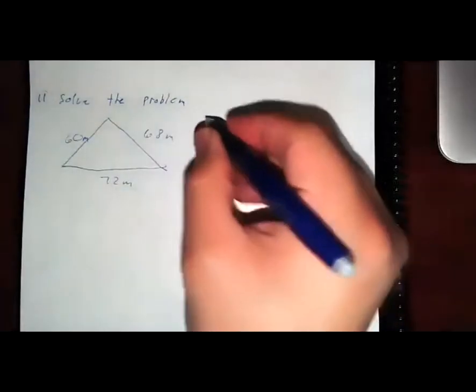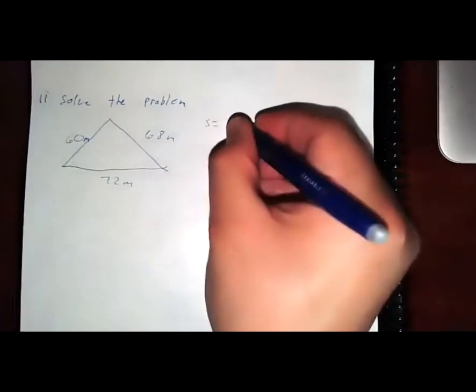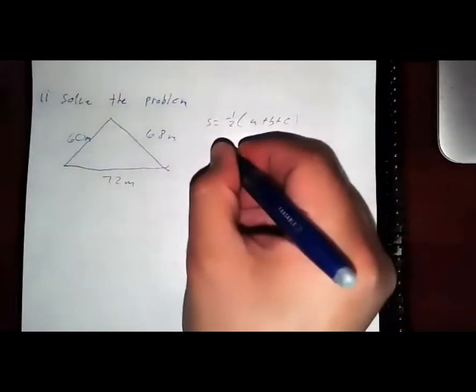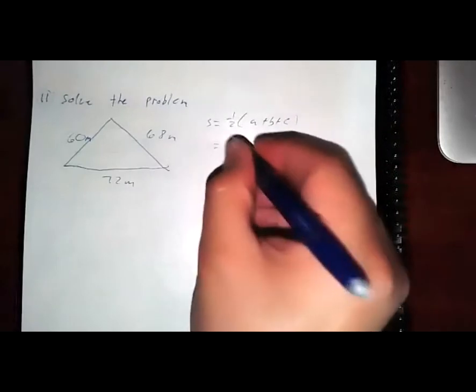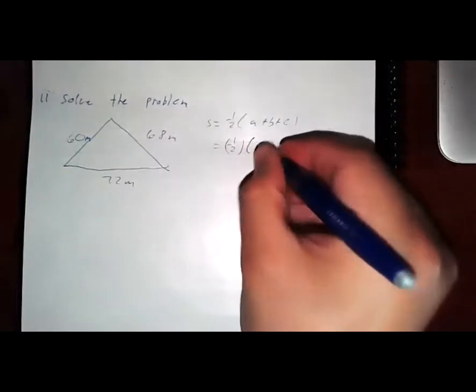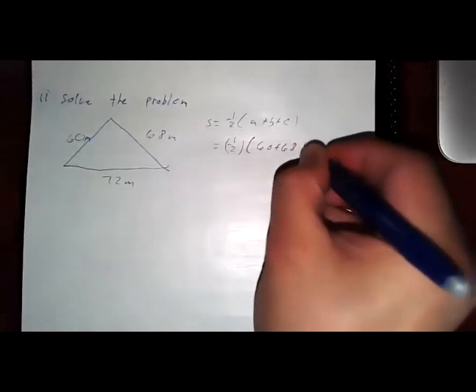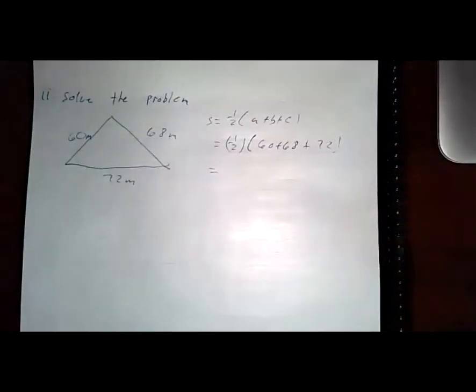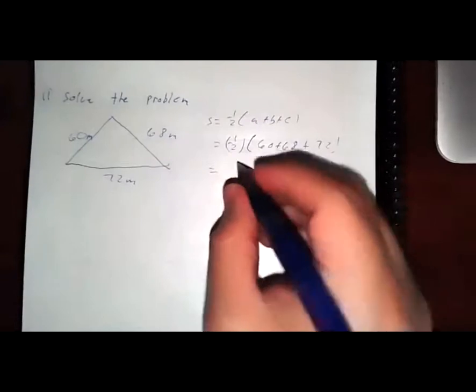So we need S, right? A plus B plus C. So that would be equal to 1/2 times 60 plus 68 plus 72. I think that is 100.